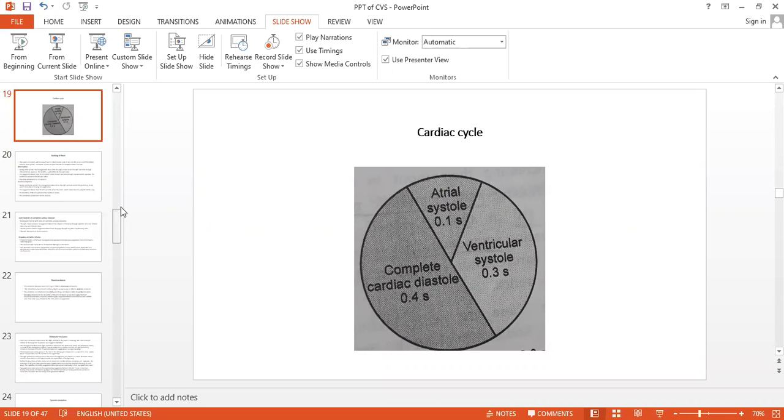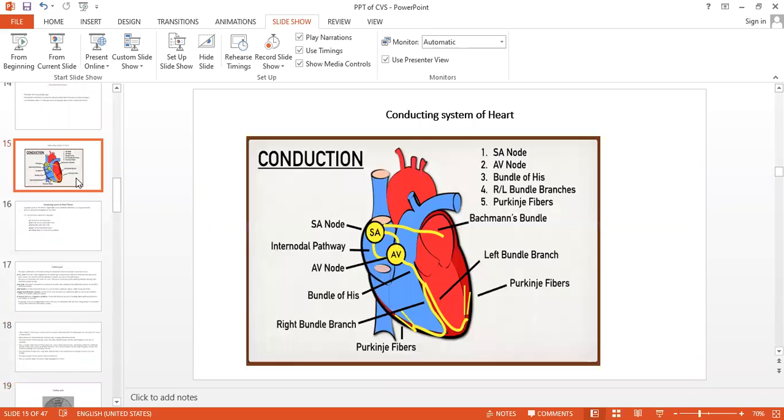Cardiac cycle, conduction of the heart system. Have you understood? You can remember this diagram, and according to this diagram we can explain very nicely. Five parts are there: SA node, AV node, bundle of His, right and left bundle branches, and Purkinje fibers. The impulse is generated in the SA node first, situated in the right auricle just below the opening of the superior vena cava.